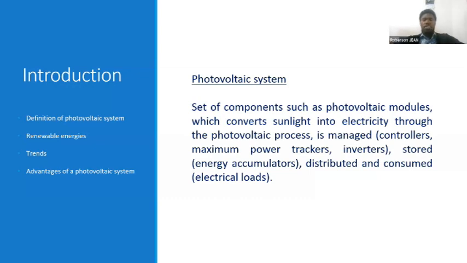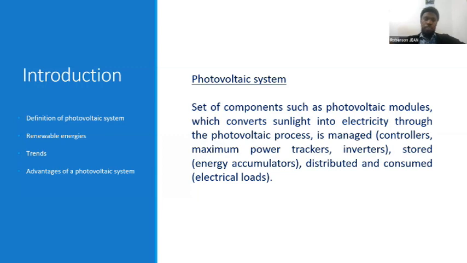A photovoltaic system is a sort of component where we use photovoltaic modules to convert sunlight into electricity. But for doing that, we use a process that is called the photovoltaic process. To harness solar energy, we can use the photovoltaic process, and we can use the thermal process.